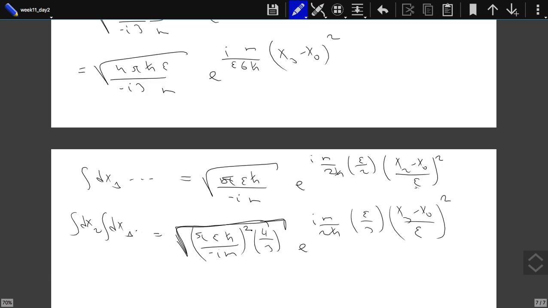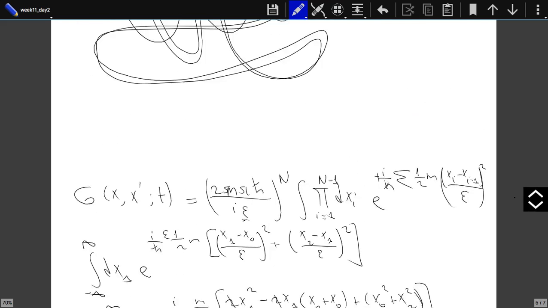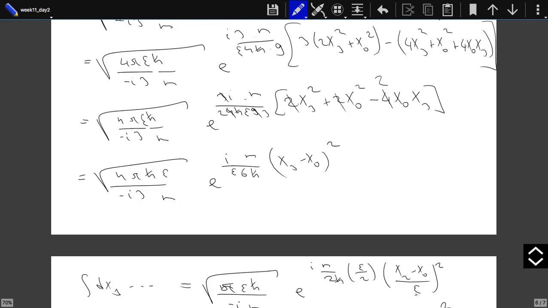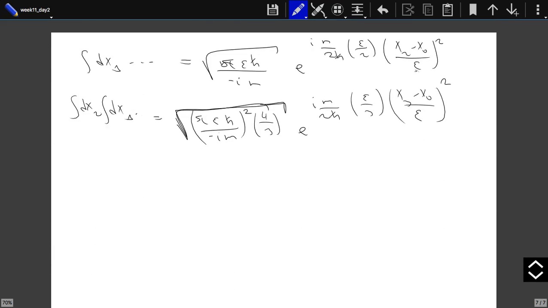And remember, in our definition of my path integral over here, I have 1 over epsilon to the n. Well, to be more precise, it should be n minus 1. I have n minus 1 integrals. Each one will bring a factor of epsilon. In the definition of G, I have 1 over i to the n minus 1. Here I have 1 over minus i to the n minus 1.